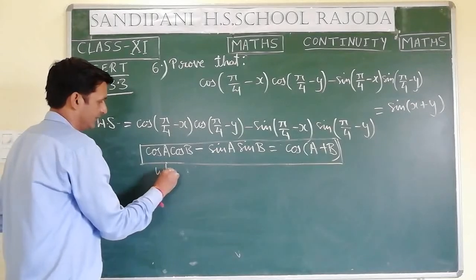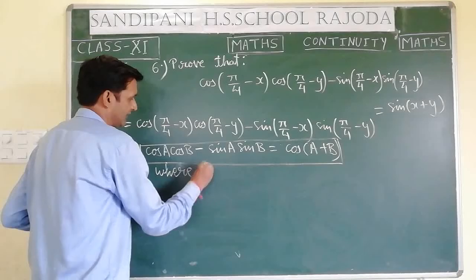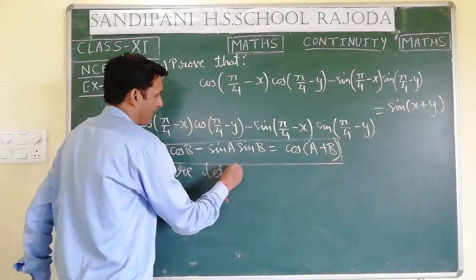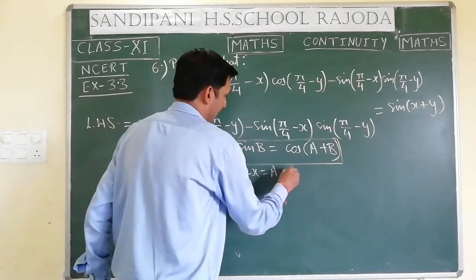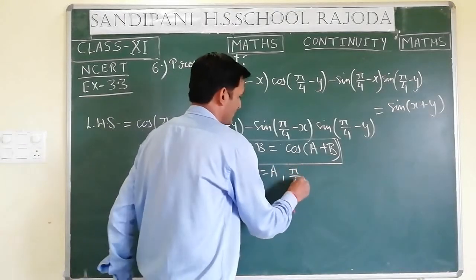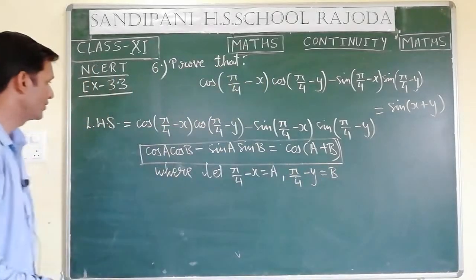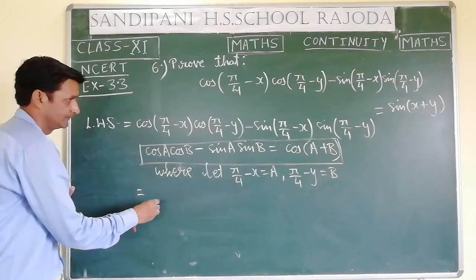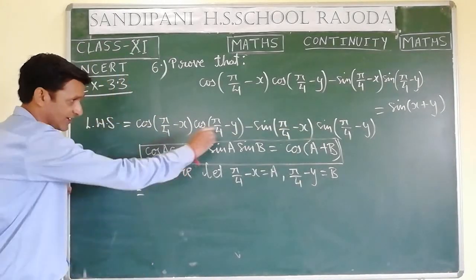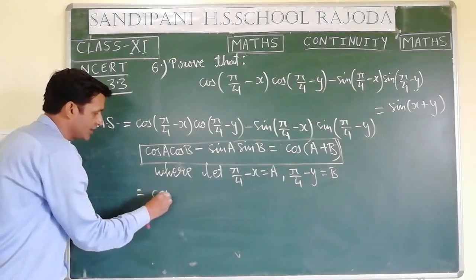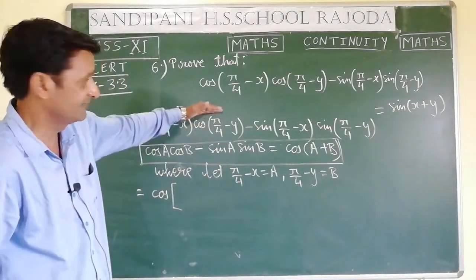where let pi by 4 minus x is equal to A and pi by 4 minus y is equal to B. So this will be equal to cos A cos B minus sin A sin B, meaning cos A plus B. So we may write cos A plus B form in place of it, because it is written there in LHS.